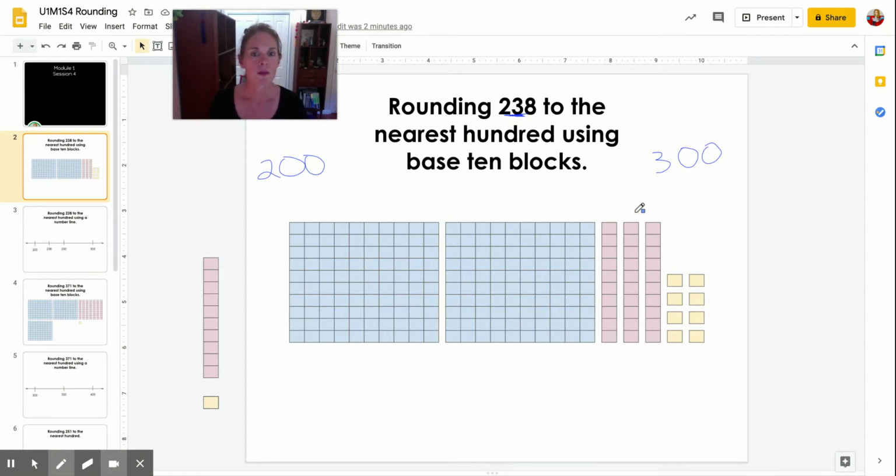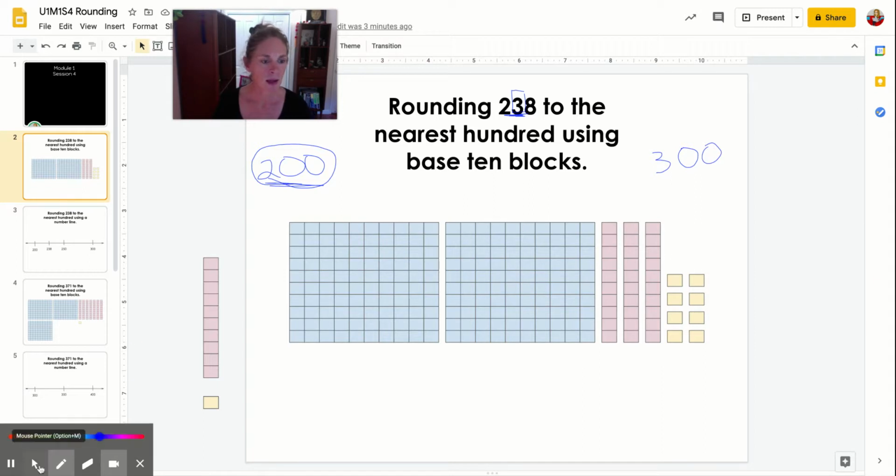And we know that when we are rounding, we round to the smaller 100 if you have 0, 1, 2, 3, or 4 in this spot that you're looking at, in this case, the tens place. And since we have 3, we're rounding this number to 200.